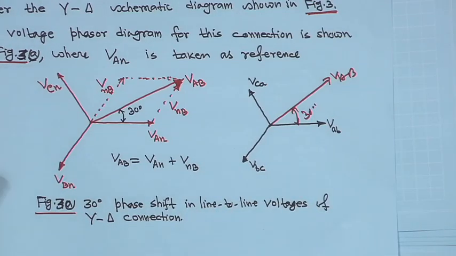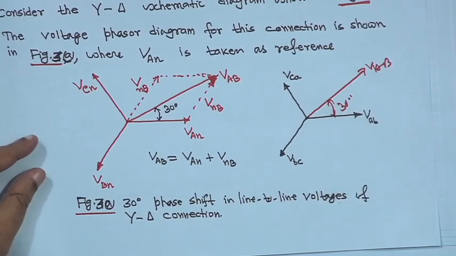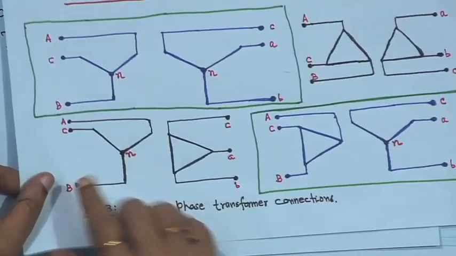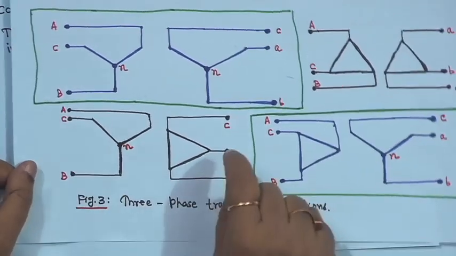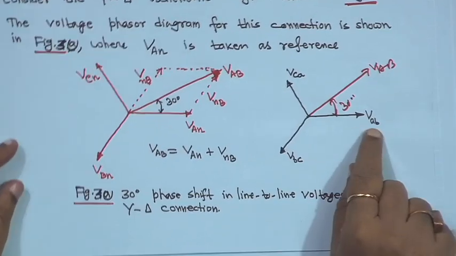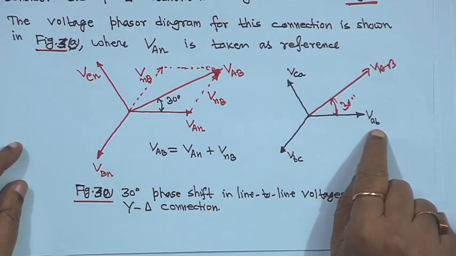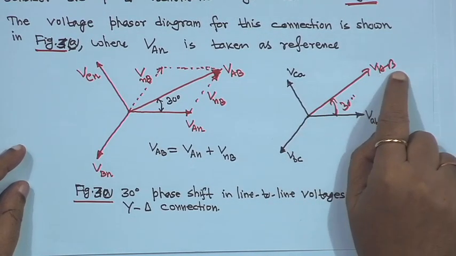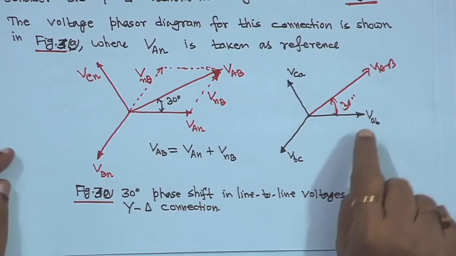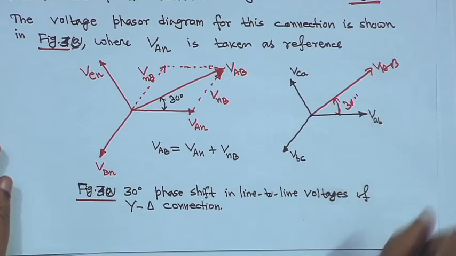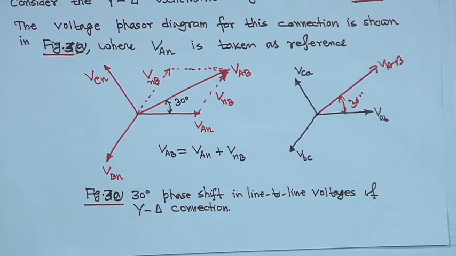That means the star side line voltage is leading the delta side line voltage by 30 degrees. This is the delta side line to line voltage and this is the star side line to line voltage, capital VAB. So for star delta or delta star, there will be a phase shift of 30 degrees. Got it? Thank you.